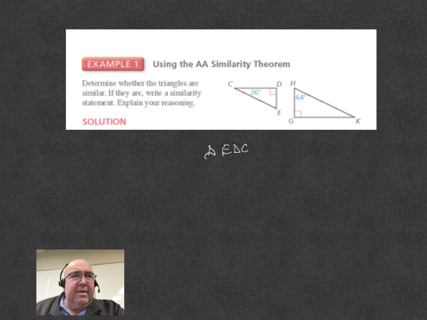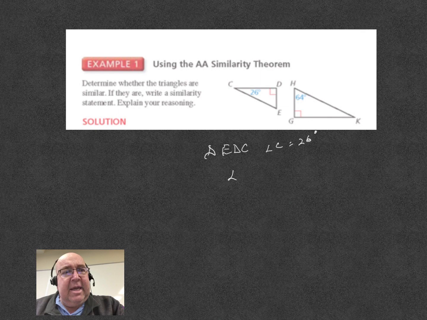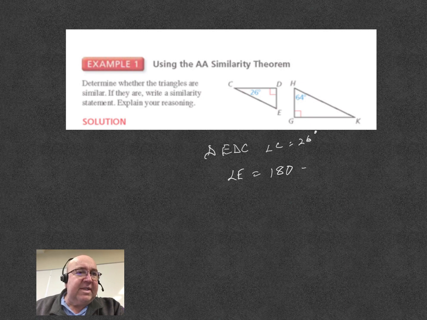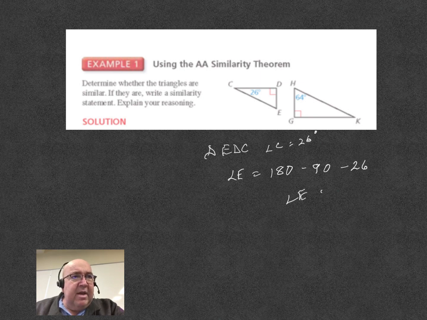We have angle C is equal to 26 degrees, and we need to find angle E. So angle E, if you remember, a triangle has 180 degrees from its vertices, so angle E will be equal to 180 minus the 90 degree angle minus the 26 degree angle, and angle E is going to equal 64 degrees.